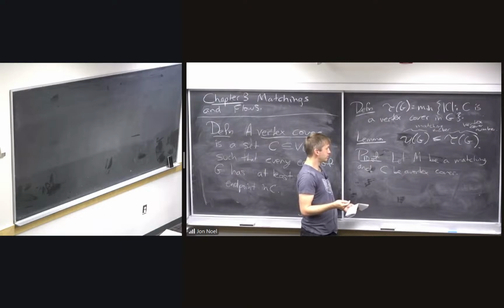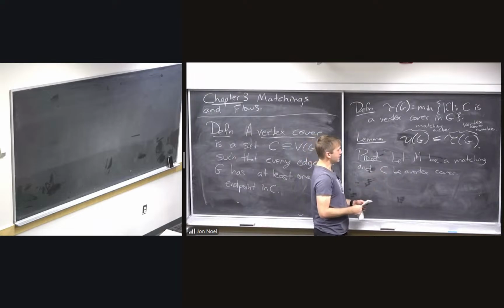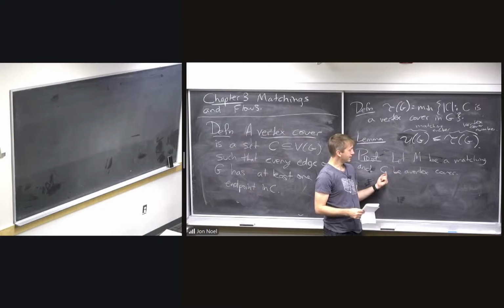How do you argue this? If M was bigger than this vertex cover, the vertices of C hit every single edge in the graph. In particular, the vertices of C hit every matching edge, every edge of M.